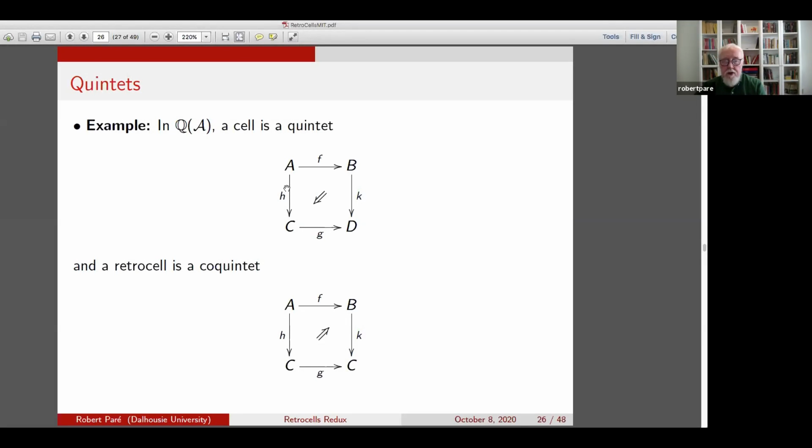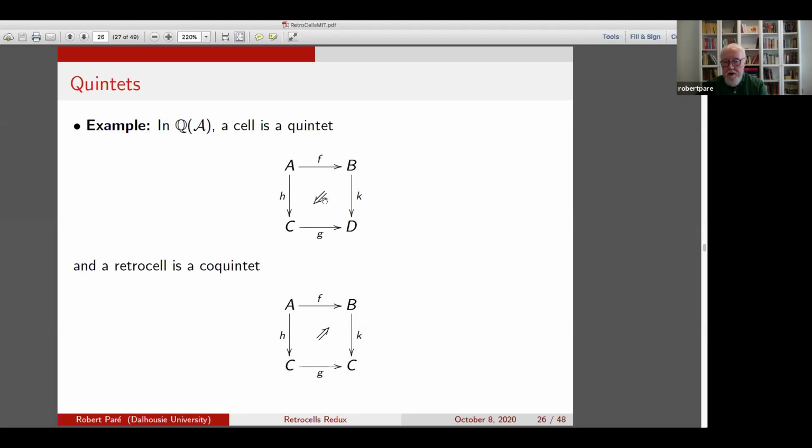The objects are the objects of A, and the horizontal arrows are the one-cells of A, and the vertical arrows are also the one-cells of A, and the double cells are these quintets. So it's a two-cell going from KF into GH. And a retrocell then is a co-quintet. So you might ask, why going from left to right here?